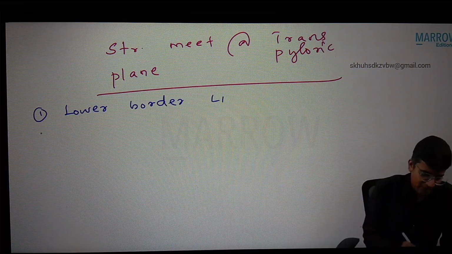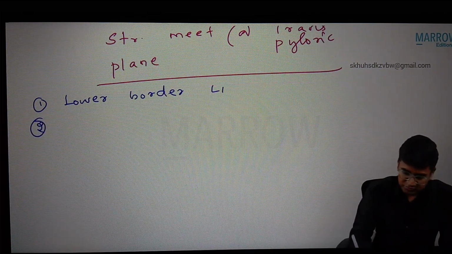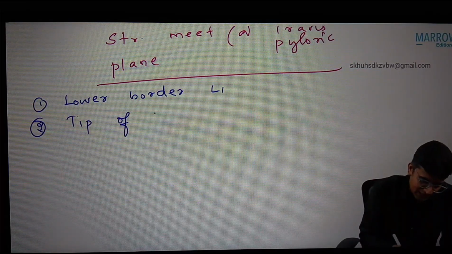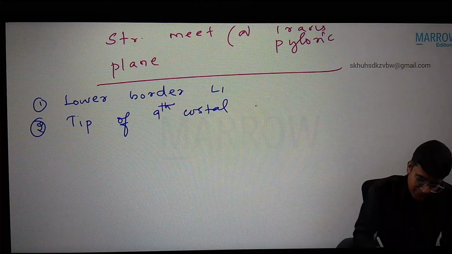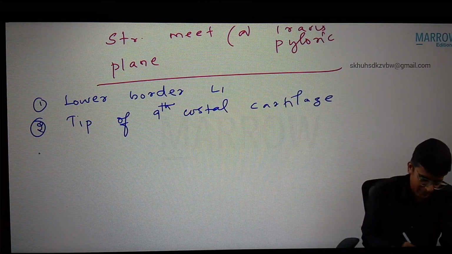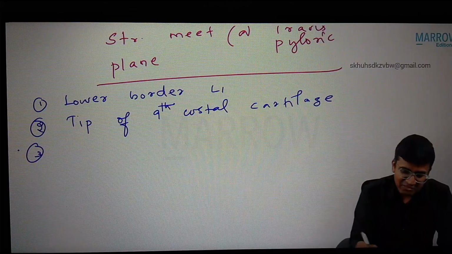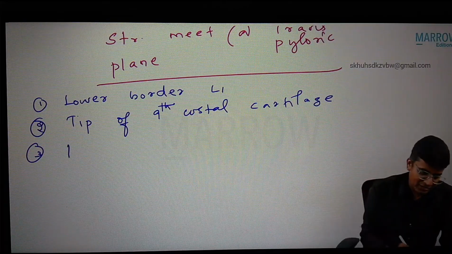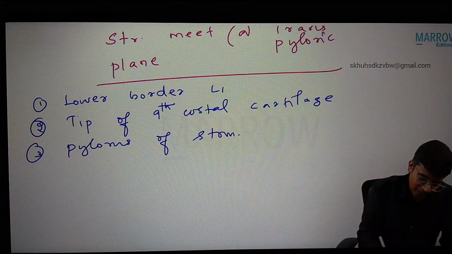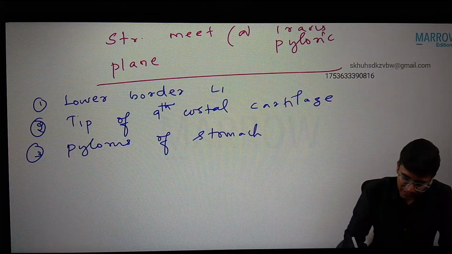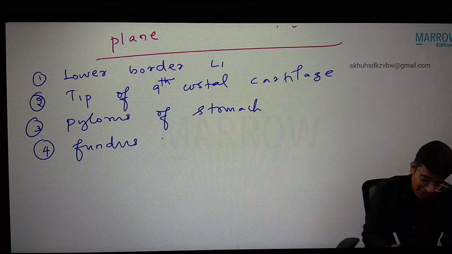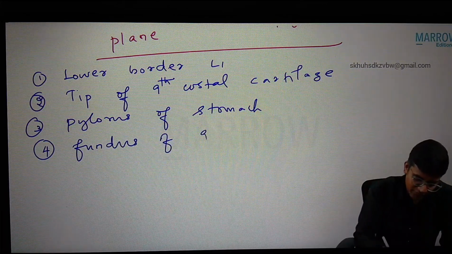Number 2, at the transpyloric plane we also see the tip of the ninth costal cartilage. Number 3, the name itself is a clue: pylorus of the stomach. Number 4, fundus of the gallbladder.